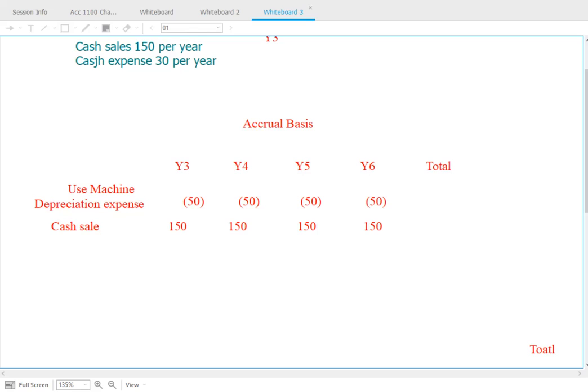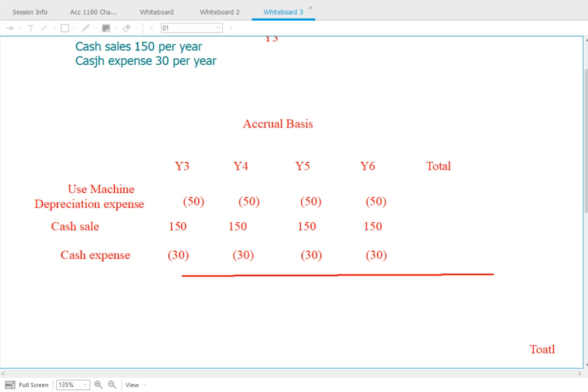So this is the net income under the accrual basis. It includes the depreciation expense because I used the asset. It includes the cash sales. It includes the cash expenses. If I add, you're going to find that you have 70 as net income for year 3, 70 in year 4, 70 in year 5, 70 in year 6.